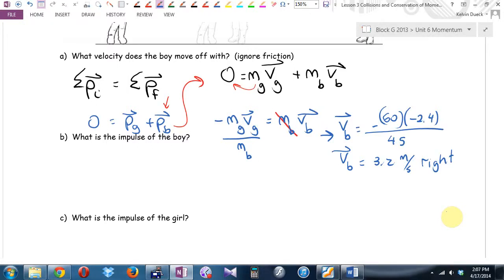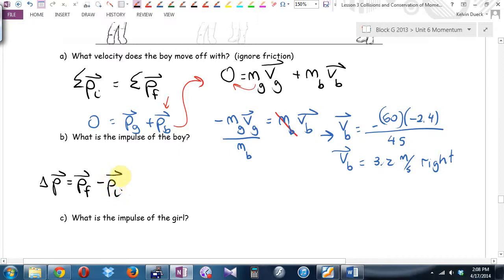Hey, Darian, what does B want me to find? What's another word for impulse? Change in momentum. It is also force times time, but I don't see any force or time, so change in momentum. I'm going to say the impulse is going to be momentum final minus momentum initial, which is going to be mv final minus, wait a minute, what was this boy's initial momentum?